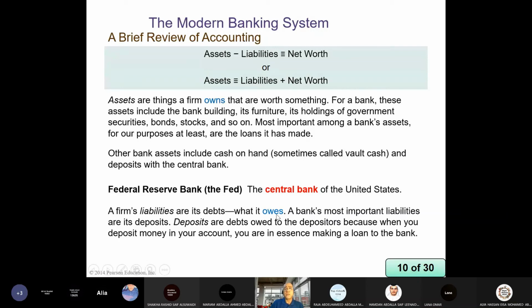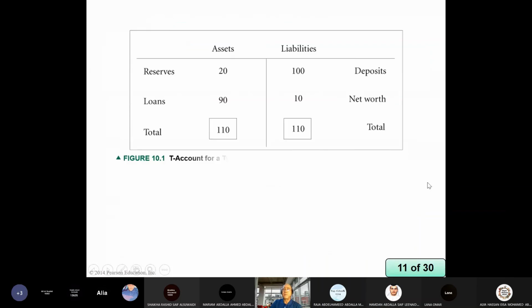The bank owes 100 dirham to Salim. So what is the important item in liabilities? It is called demand deposits or current account, in addition to net worth or equity, the amount financed by the owners or stakeholders of the bank.